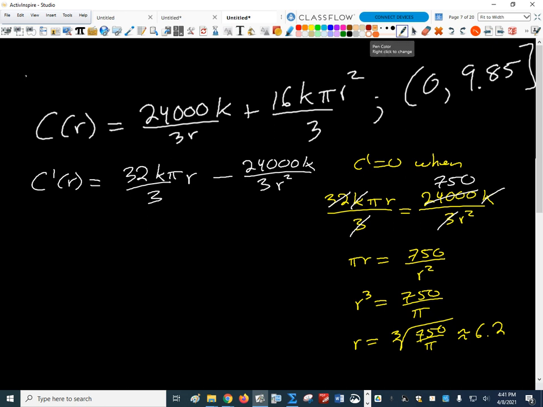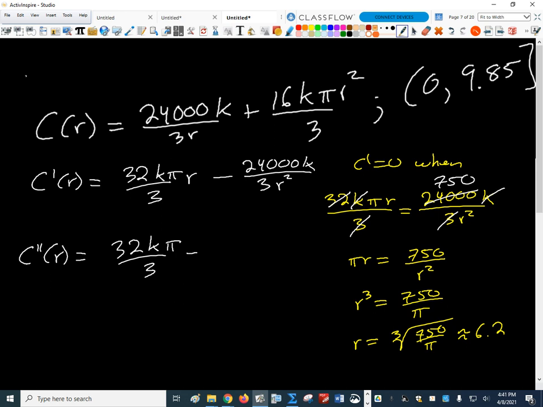Let's take a second derivative really quickly here. It's pretty easy to do. And we get, the r goes away, so we just get a 32k pi over 3 minus, this is going to be a plus, isn't it? Because I've got a constant times r to the minus 2.